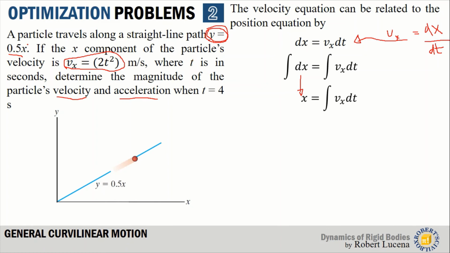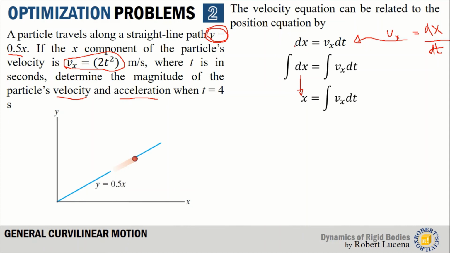So first, let's just have the position equations. We can see that the velocity equation could help us determine the position equation because they are related. Through this equation, if we integrate the velocity equation, we get the position equation.